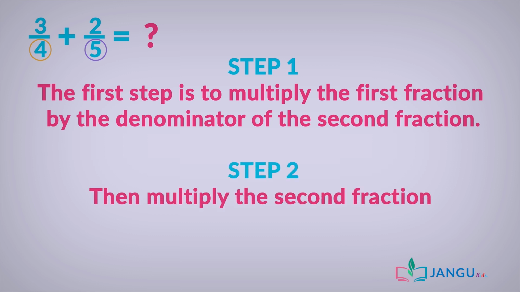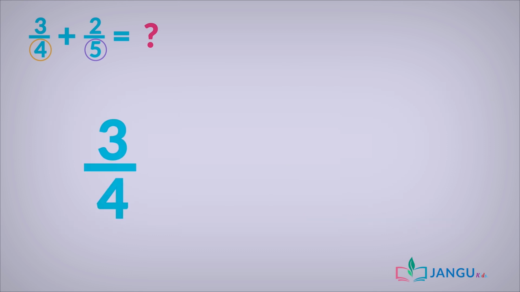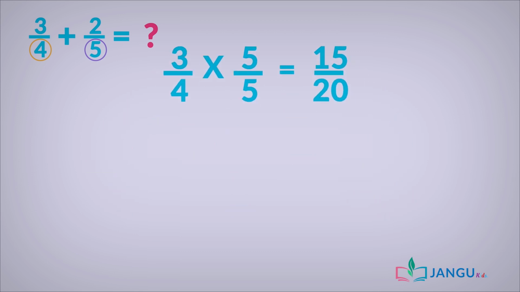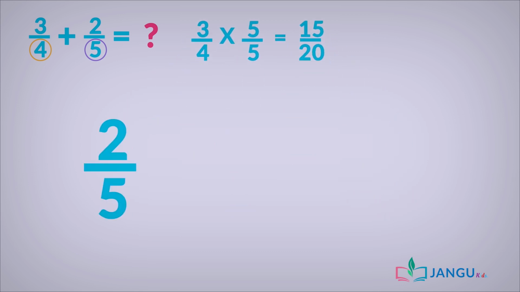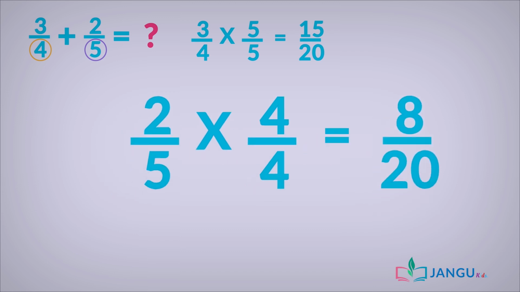Then multiply the second fraction by the denominator of the first fraction. So let's try this. 3/4 times 5/5. This is equal to 15/20. 2/5 times 4/4. This is equal to 8/20.